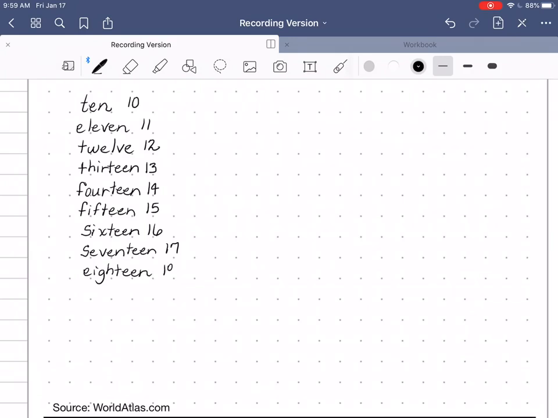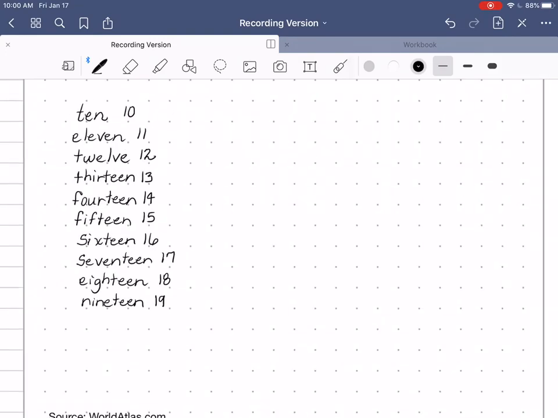And with 18, you don't double the T's. That one T will take care of both. And 19. So that gets us through the teens.